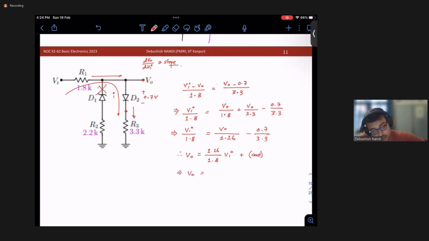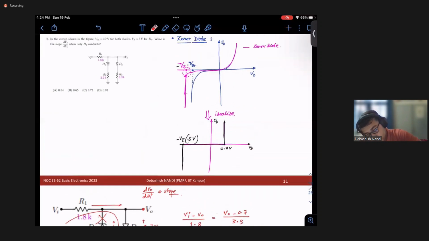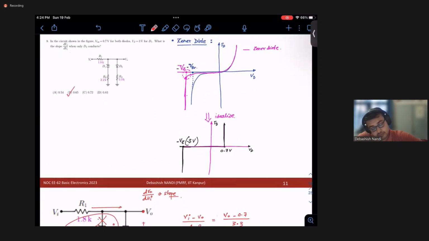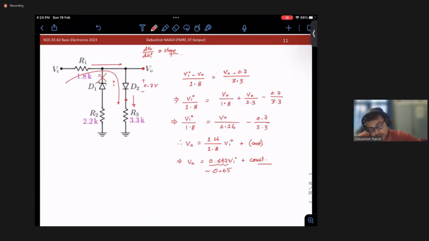So your V naught would be around 0.647 Vi plus some constant term. So this should be your slope, around 0.65. So yeah, B is your right answer, right? So this takes care of that.